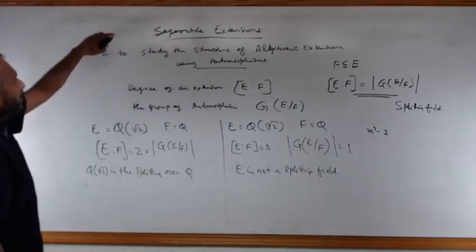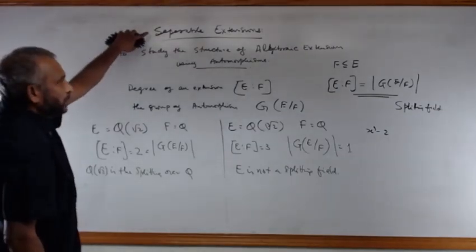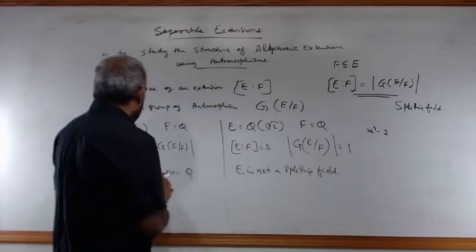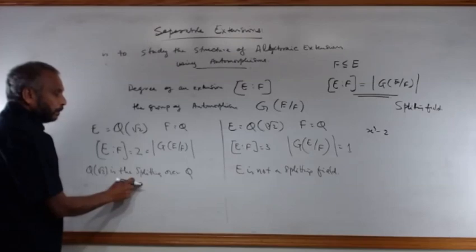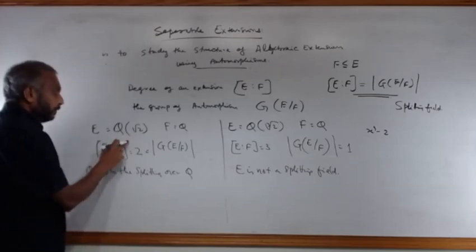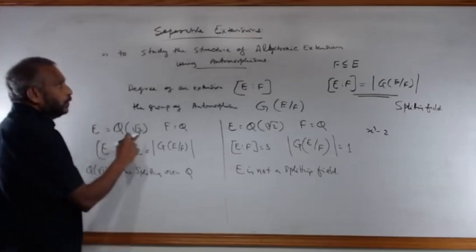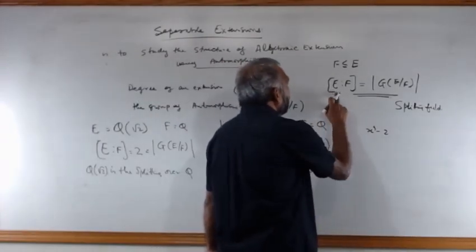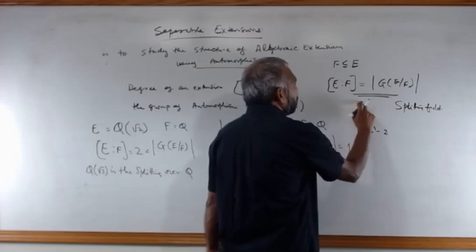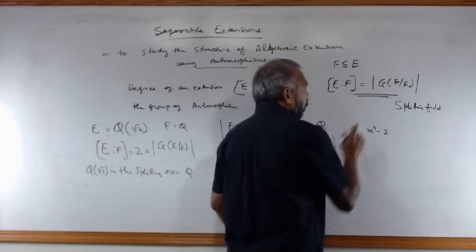And that is where the idea of separable extension comes in. Actually, if you just say it's a splitting field, that is not sufficient to say that the degree is going to match the order of the group of automorphisms.